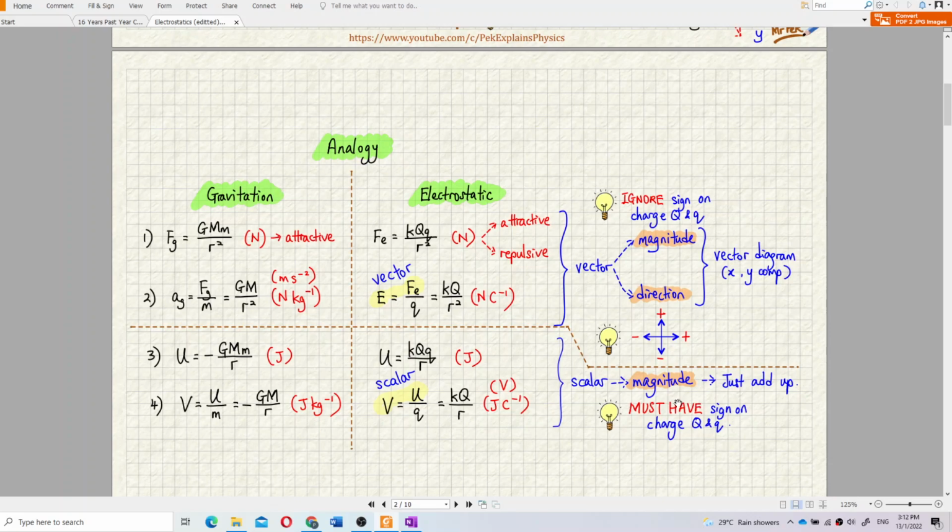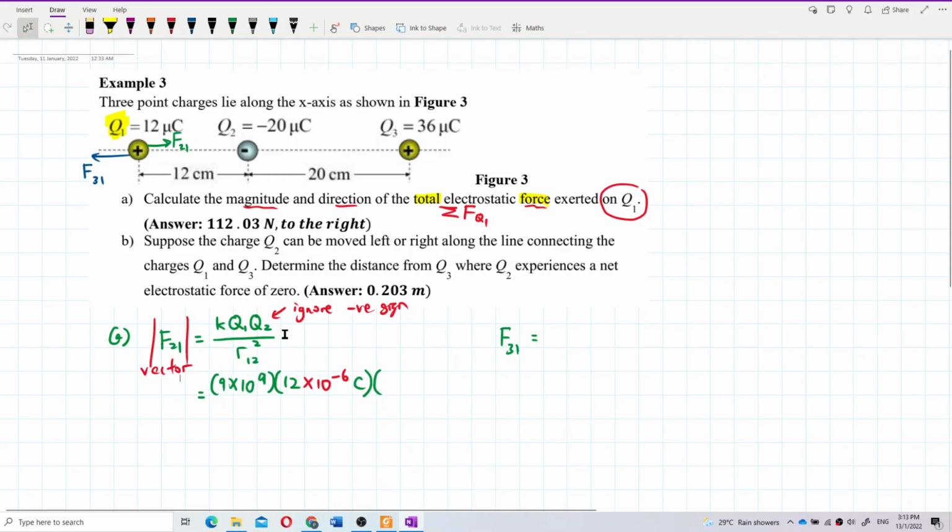The negative sign for a scalar quantity has a different meaning; it's not about direction. Right now, for vector quantities like force and electric field, you can ignore the negative sign on Q2. So we just put the positive value, 20 micro, and micro is 10 to the power negative 6.